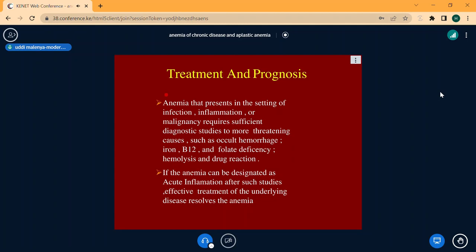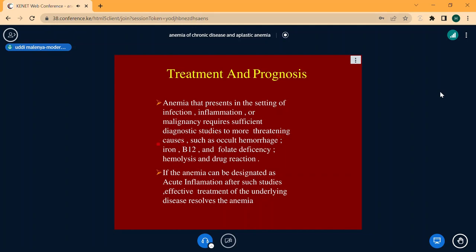For you to be able to make a sufficient diagnosis of the anemia, you need to ensure that you do all your sufficient studies, okay? For example, if the patient has occult bleeding, these are patients that may need a colonoscopy or an endoscopy for you to find out exactly where the bleeding is coming from.